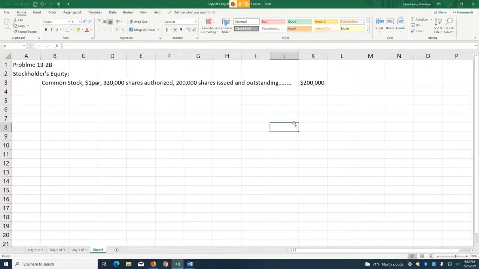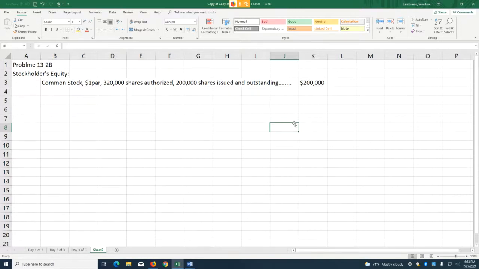Once they max out, they could re-up with the state. Say, hey, we need to get more shares authorized, and then you have to go through all that paperwork again. So as of right now, the math involved is you take what is issued and outstanding. There could be a difference between issued and outstanding. It could have said 320,000 shares authorized, 220,000 shares issued, 200,000 shares outstanding.